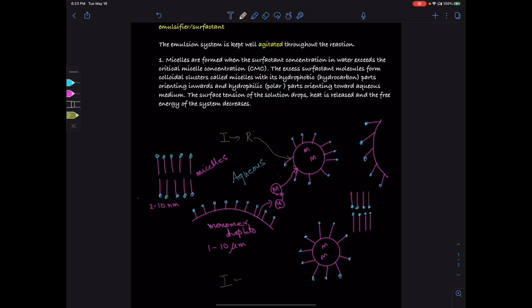So again here, we can draw one more example where the initiator forms the radicals and the radical enters the micelle particle that has monomer molecules and chain propagation starts.